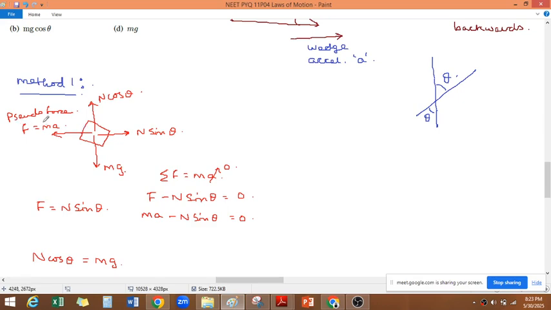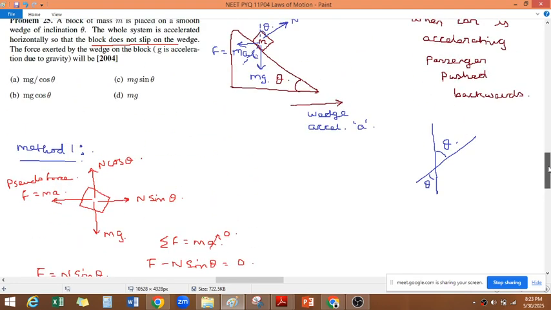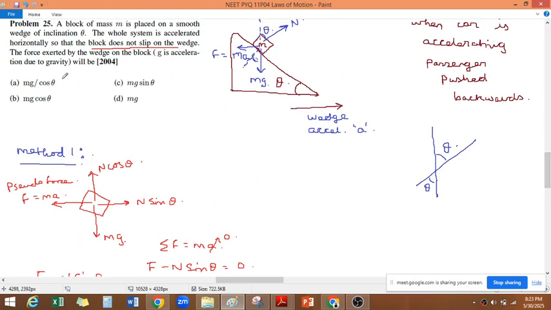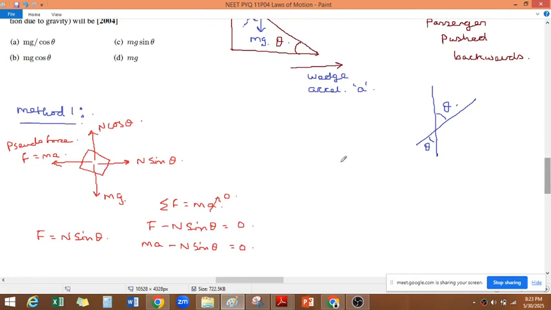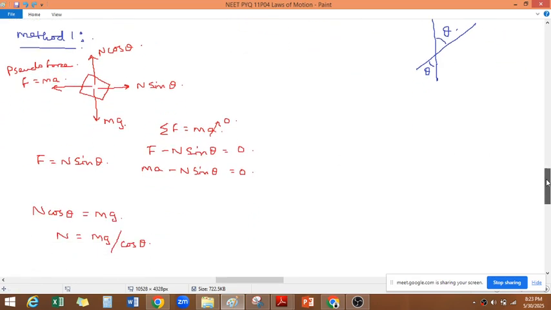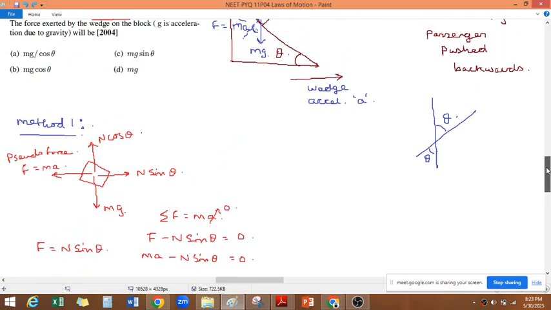That's why this is called pseudo force. So this n is the normal reaction, and the normal reaction is what they are asking. This is a bit confusing: the force exerted by the wedge on the block. You may think that it is F, but it's not F, it is the normal reaction they are asking. So that means n is equal to mg by cos theta is your answer.